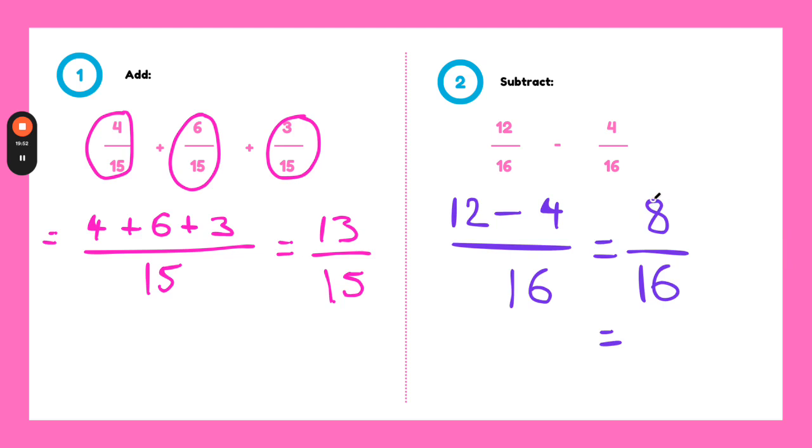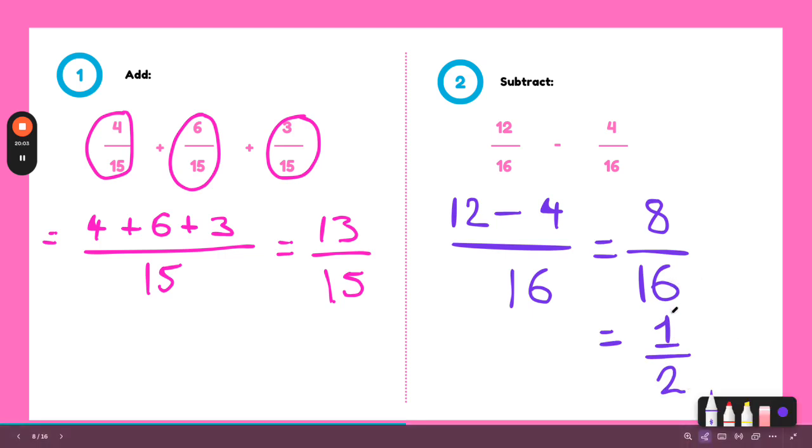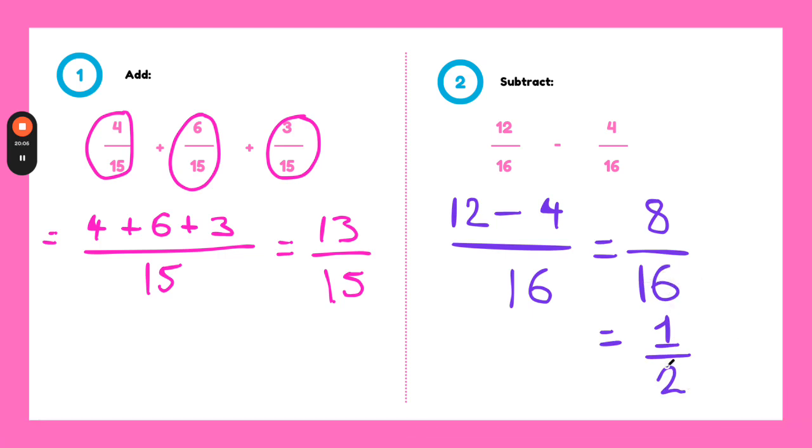So if we divide 8 by 8, we get 1. And if we divide 16 by 8, we get 2. So we could also say our answer is a half. So 12 over 16 take away 4 over 16 is a half. Or you could still write it as 8 over 16. But to simplify further, it could be written as 1/2. Either answer is valid or correct.